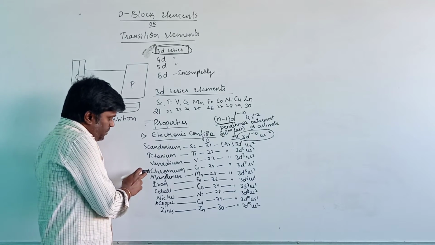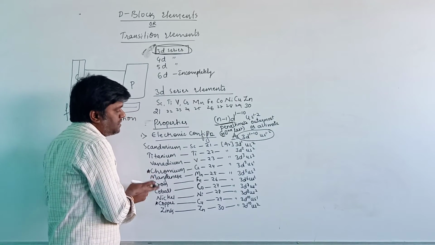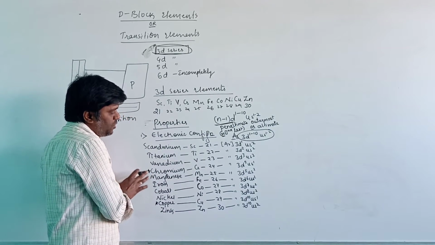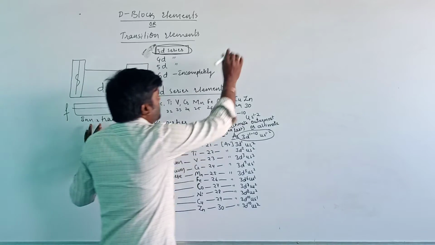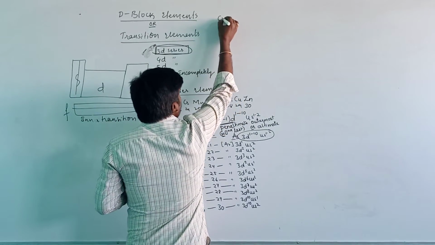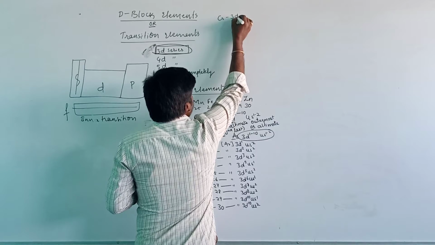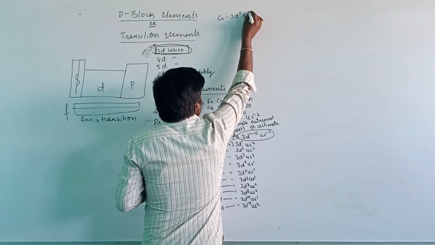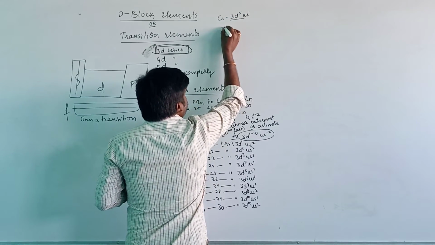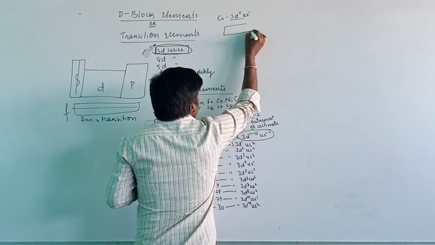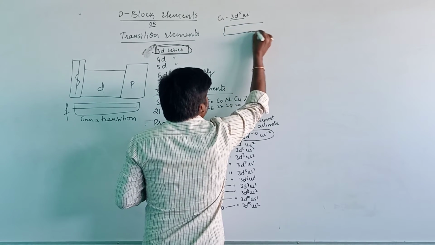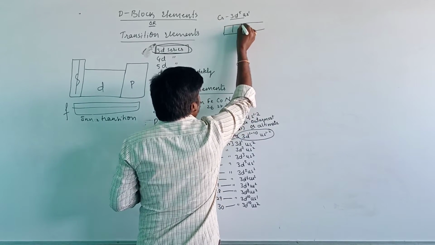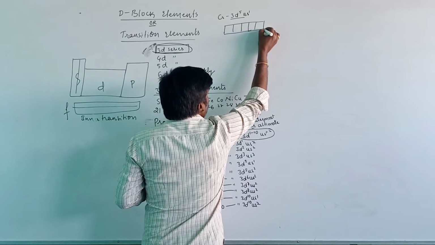When we observe chromium and copper, these are the exception cases. The electronic configuration for chromium is 3d5 4s1. The orbitals present in the d subshell are five: 1, 2, 3, 4, 5.